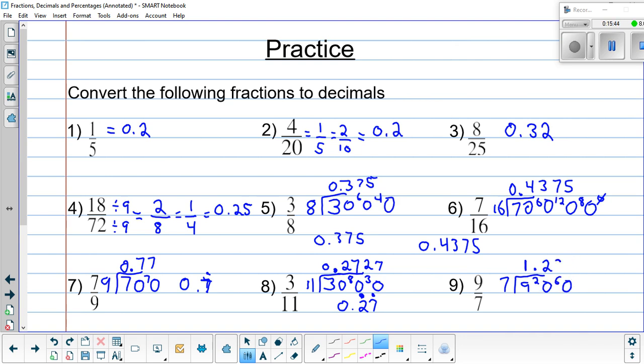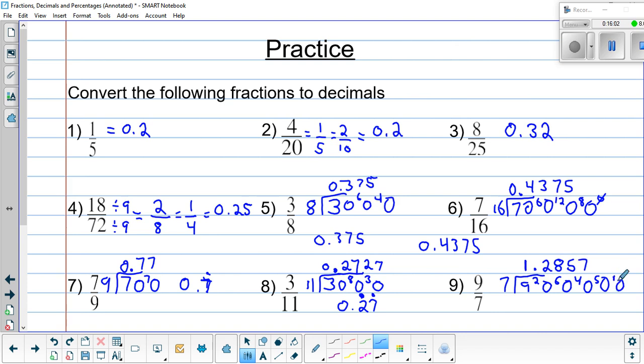Well, 8 times. With a 4 remainder. 7 goes into 40. 5 times. With a 5 remainder. So 7 goes into 50. 7 times. With 1 remainder.